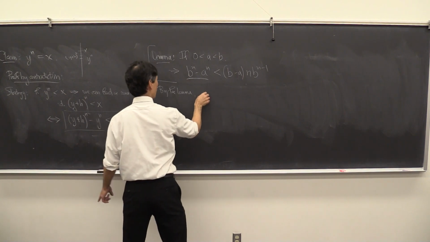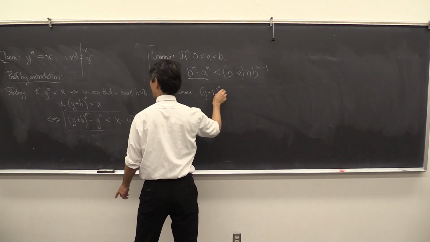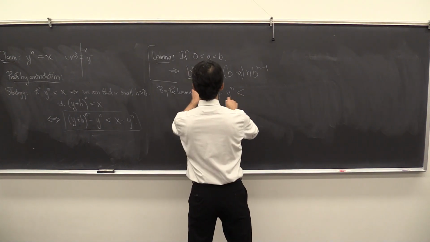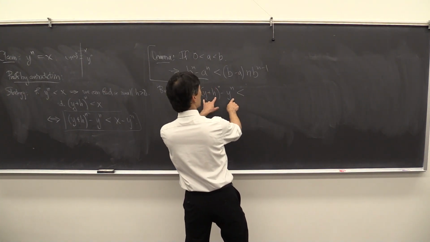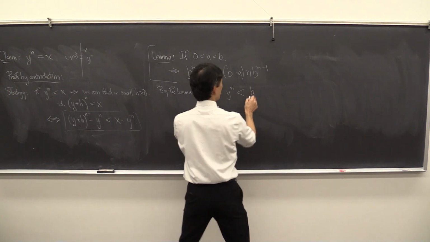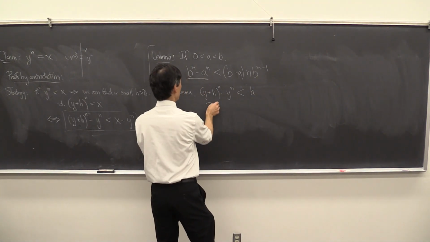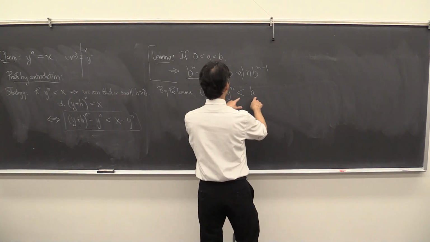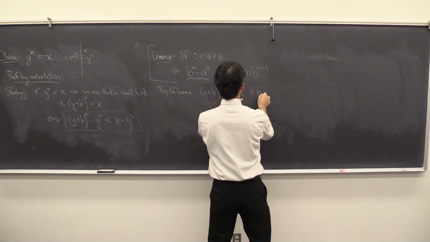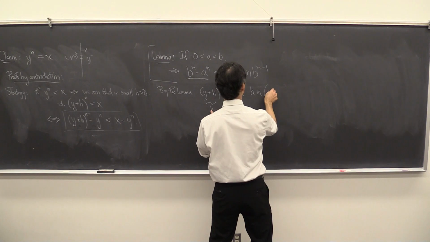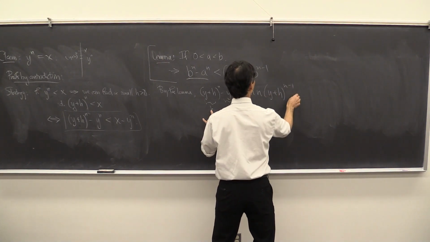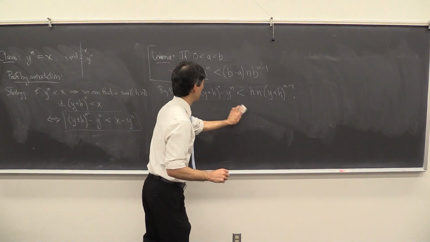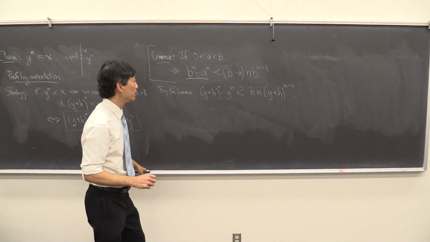We know that y plus h to the n minus y to the n is smaller than b minus a, which is h, times n times b to the n minus 1. This is our b, this is our a. So that's what the lemma tells us.